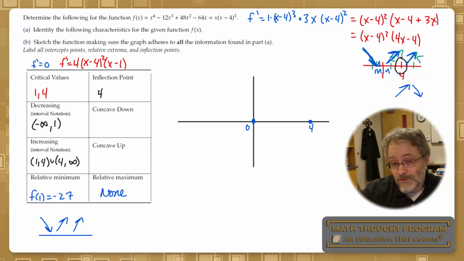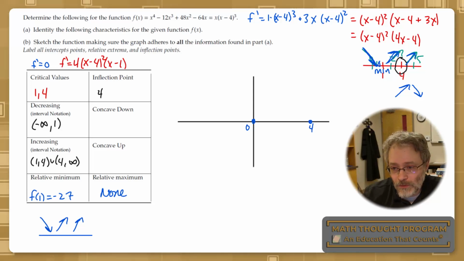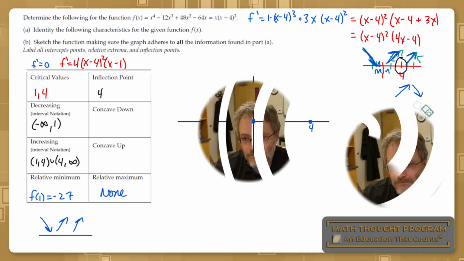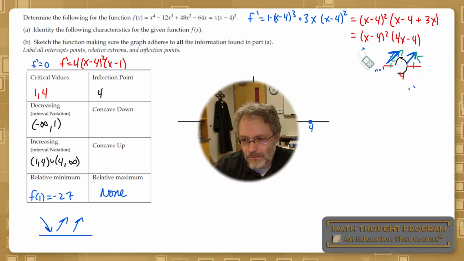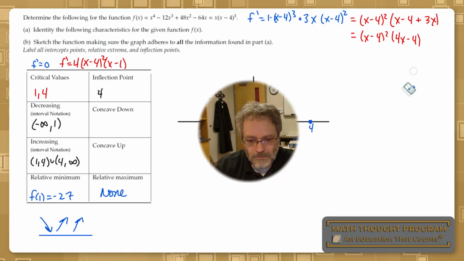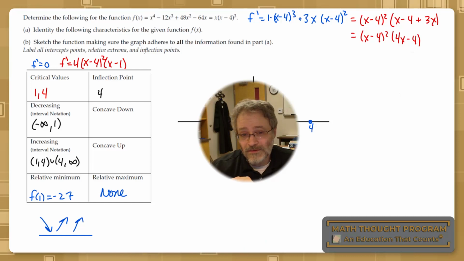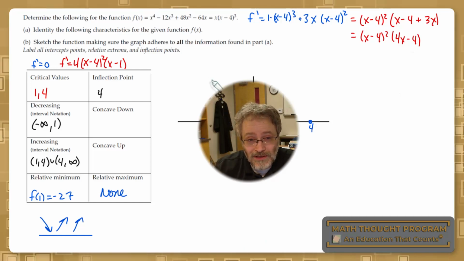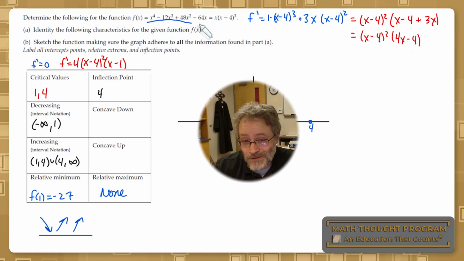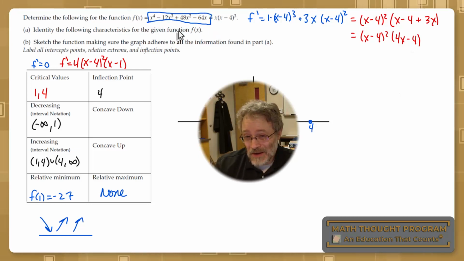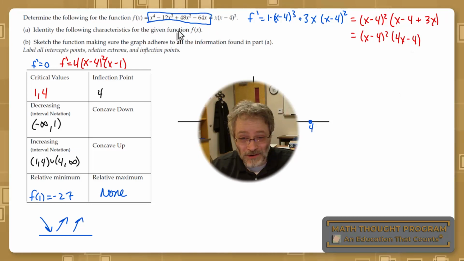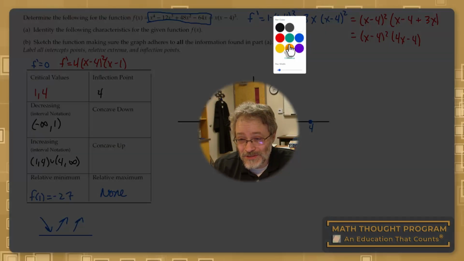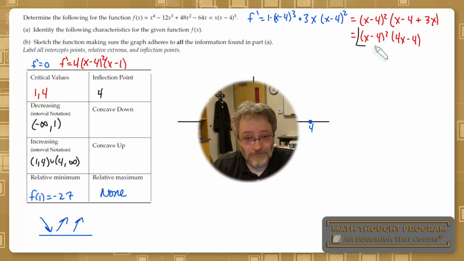Okay, now to figure out the concavity, we're going to have to look at the second derivative. Now, to find the second derivative, I can do the same thing. I can come over here and think about if I want to use the expanded form. Not really. I see it's going to be a little more complicated than just using the factored form.